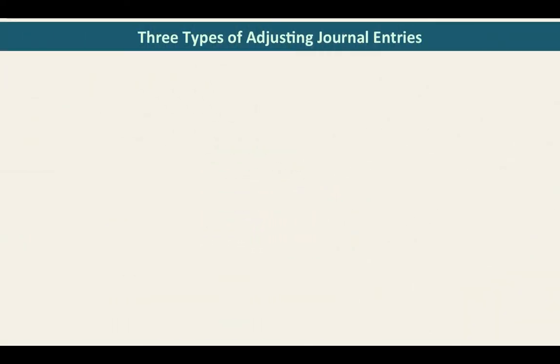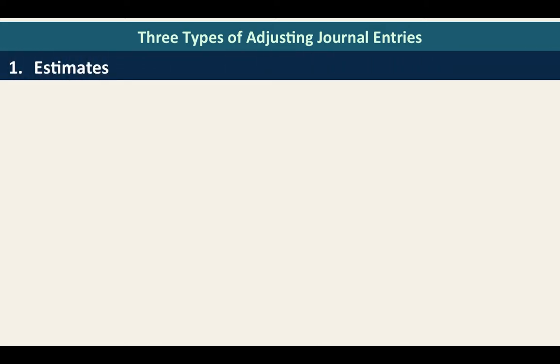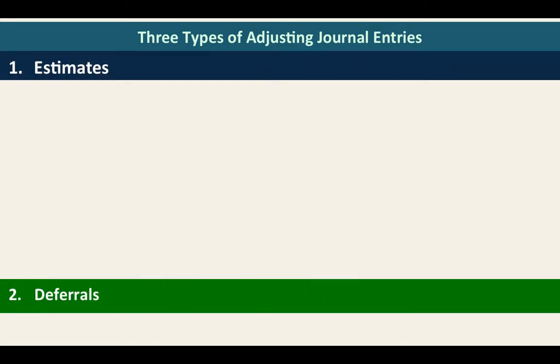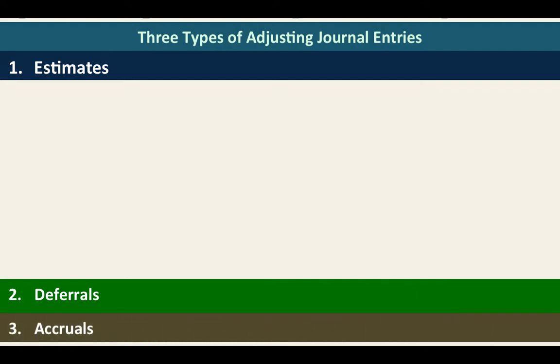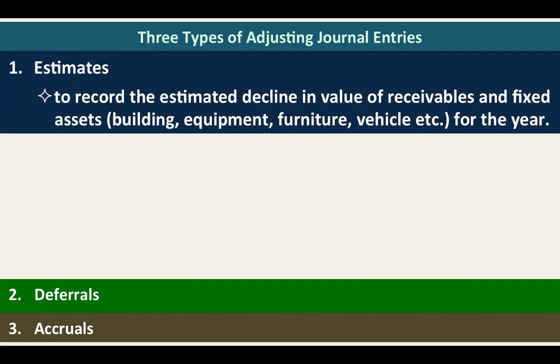Okay. Three types of adjusting journal entries. We have estimates, deferrals, and accruals. In as much as we will be discussing estimates in this video. So estimates is about to record estimated decline in value of receivables and fixed assets.